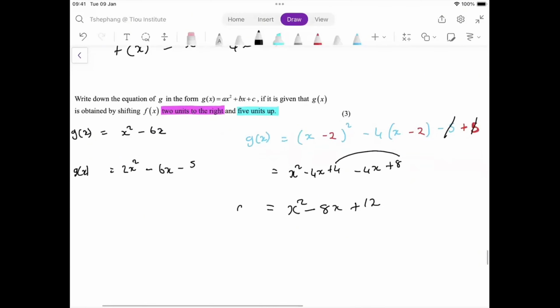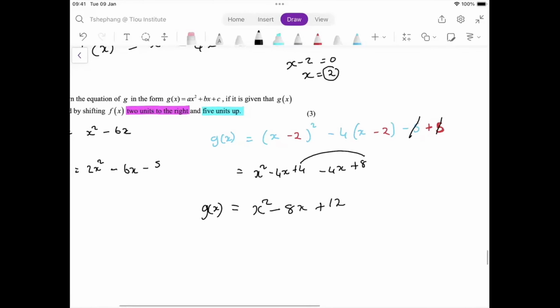This is the equation of g of x. Because they say 2 units to the right. So when we say to the right, I said x minus 2 because if we equate it to 0, we're going to have x is equal to positive 2, 2 units to the right. Be very careful of that.